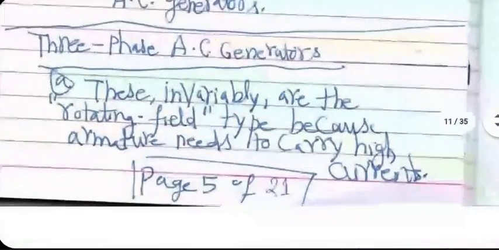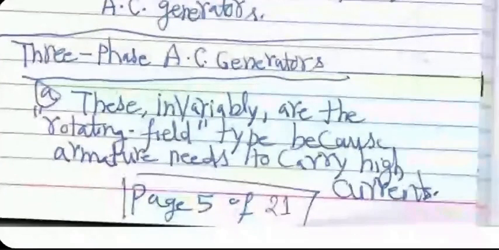Now, three-phase AC generators, theory is not conceptually very different. Only thing is now we have three-phase windings on this stator. Okay, so stator is carrying the armature windings and rotor invariably now will have the field poles on it.